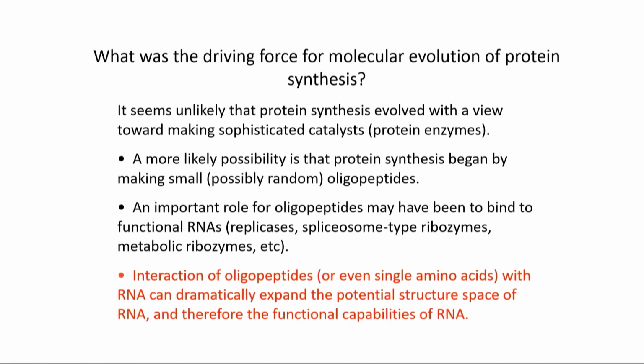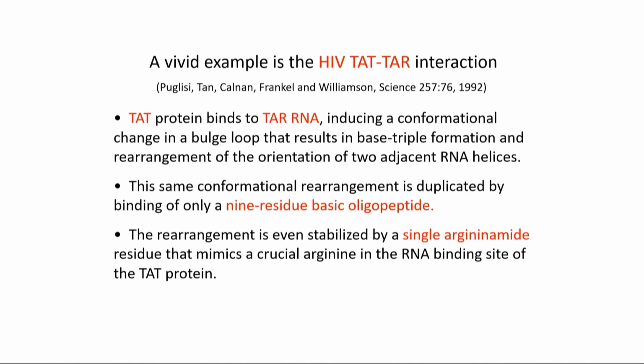One important justification for this comes from the observation of what happens when you bind oligopeptides to RNAs, as shown by the HIV TAT-TAR interaction. TAT is a protein that binds to the HIV RNA called TAR, and dramatically rearranges the local structure of the RNA, as happens, of course, in many protein-RNA interactions.